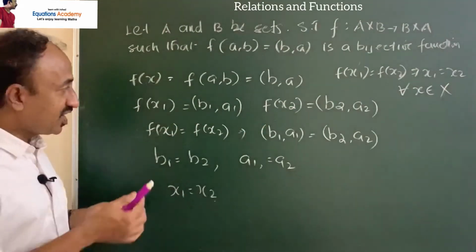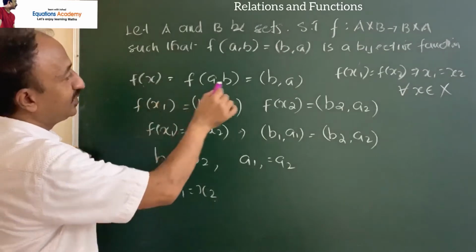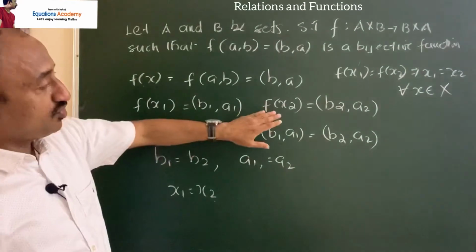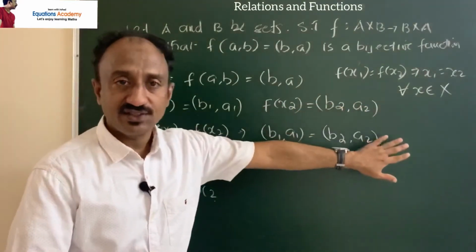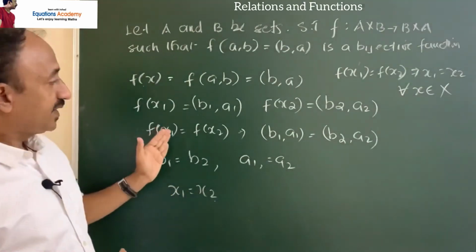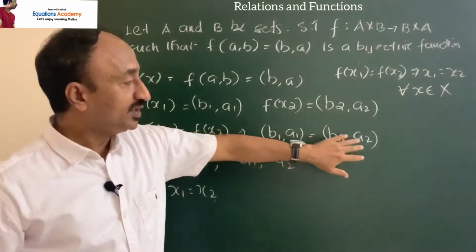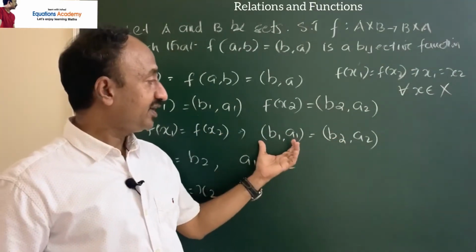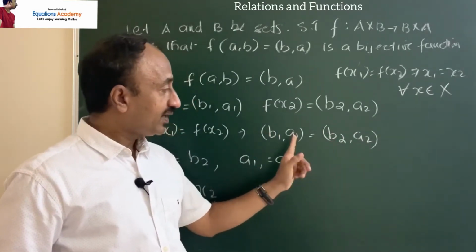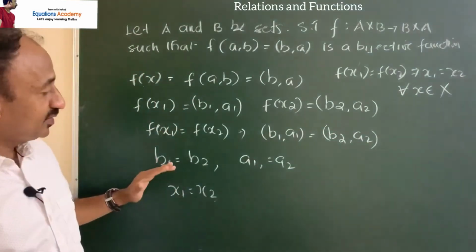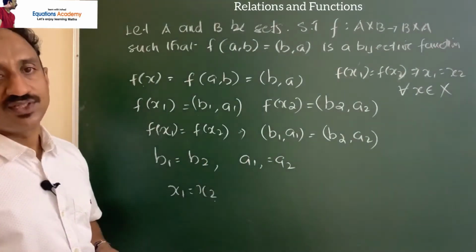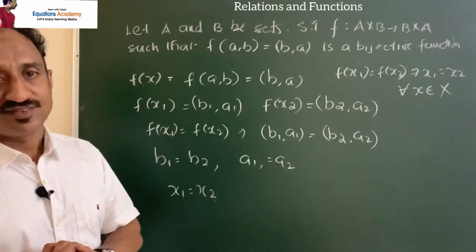So f of x1 will be (b1, a1) and f of x2 is equal to (b2, a2). f of x1 equal to f of x2 implies (b1, a1) equal to (b2, a2). This ordered pair (b1, a1) is equal to (b2, a2). That means b1 equal to b2 and a1 equal to a2. That means x1 equal to x2. So this is a 1-1 function.